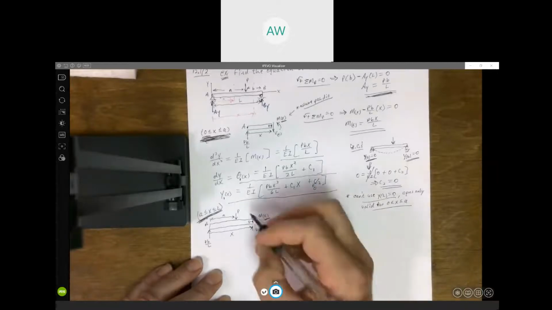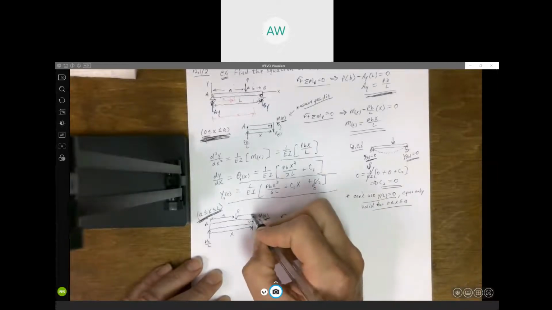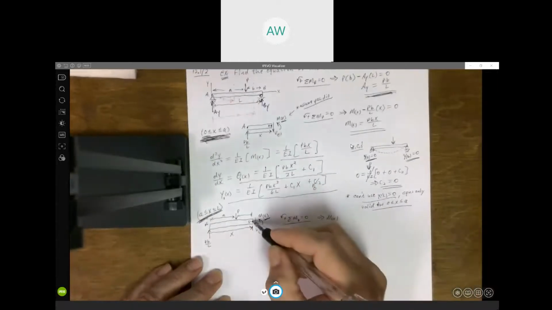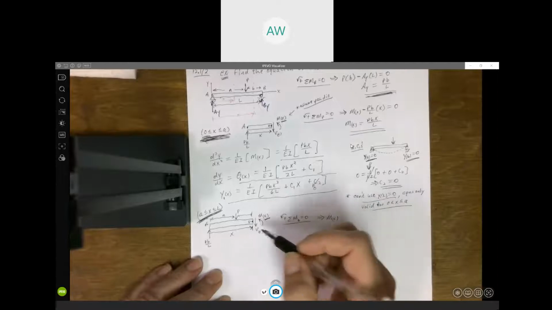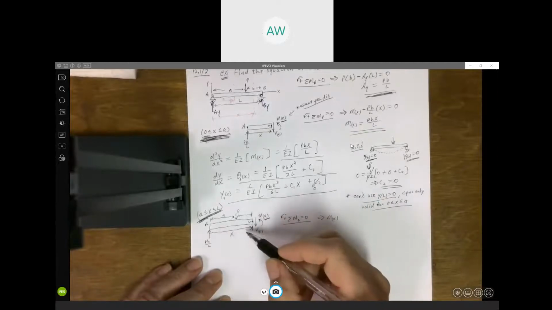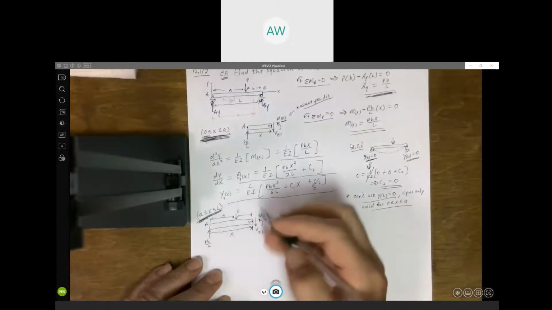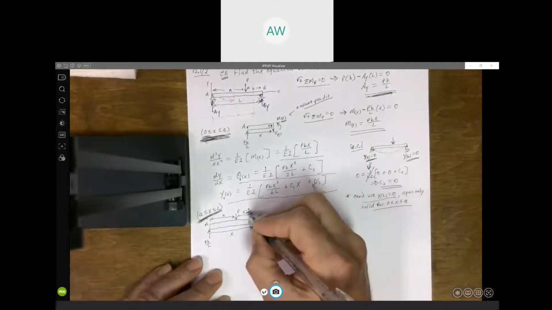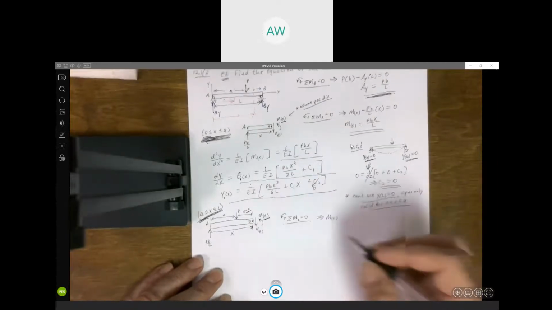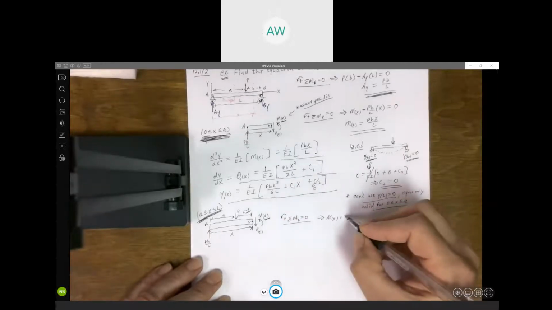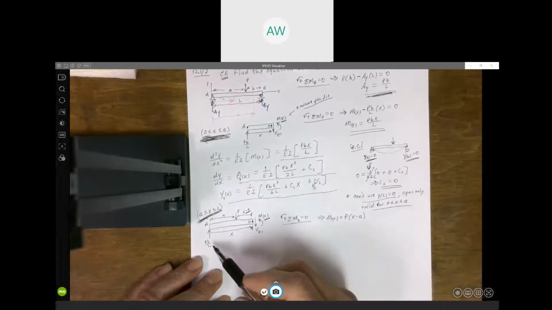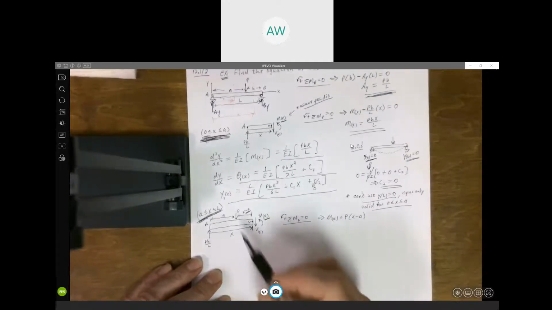This P, we need to know what that distance is away from D where we cut it. Well, if this distance is x, and this distance is a, this distance is going to be x minus a. That's causing a positive moment. So P times x minus a, and then minus our Ay times x.